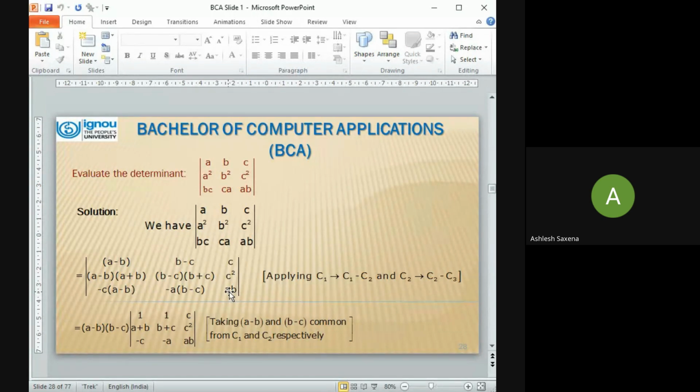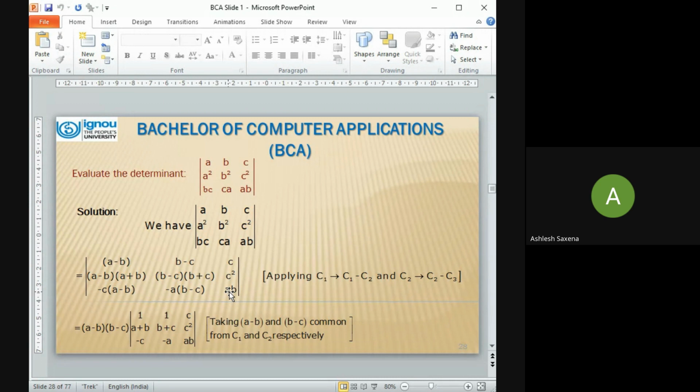It's very difficult. First of all, we will try to take something common so that it can become identical. It's not possible at all to take either A, B, or C common from any row or column.